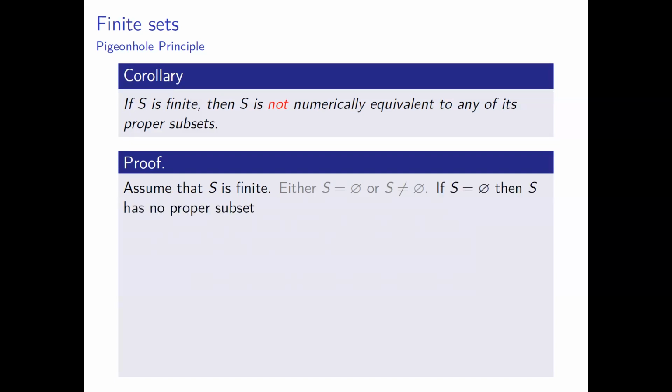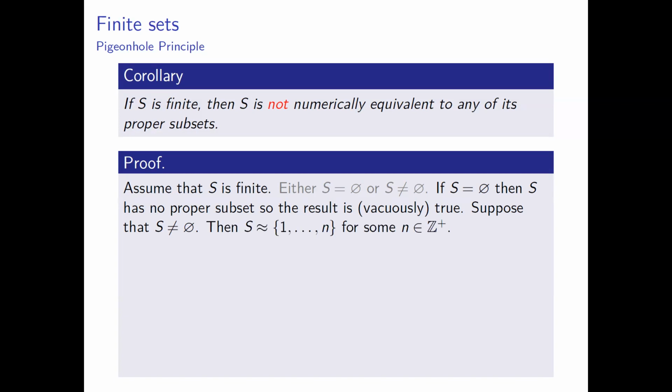If S is empty, then S has no proper subset, so the result is vacuously true. Suppose that S is non-empty. Then S is numerically equivalent to the set of integers from 1 to n for some positive integer n. Hence, there exists a bijection f from S to the set of integers from 1 to n.